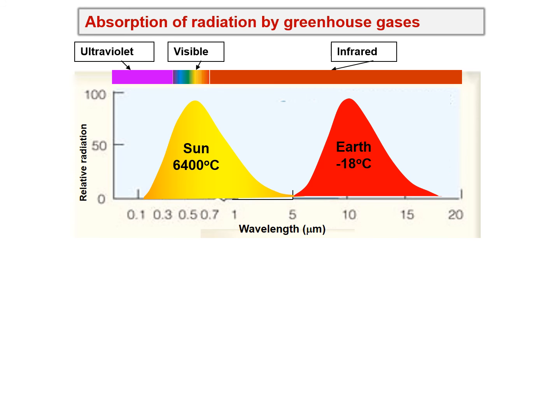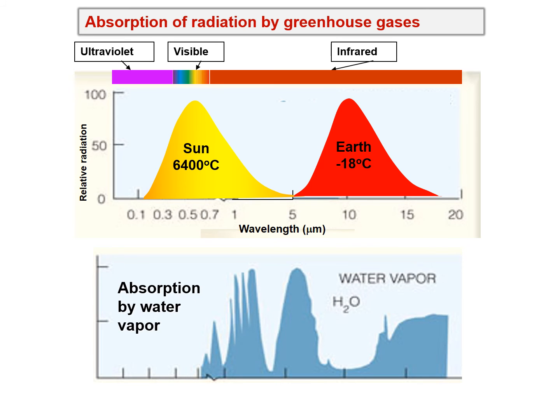Water vapor is not black body radiation. It's selective. At this short wavelength, water vapor says, oh, no, I don't want it. Go. At this wavelength, water vapor likes it.